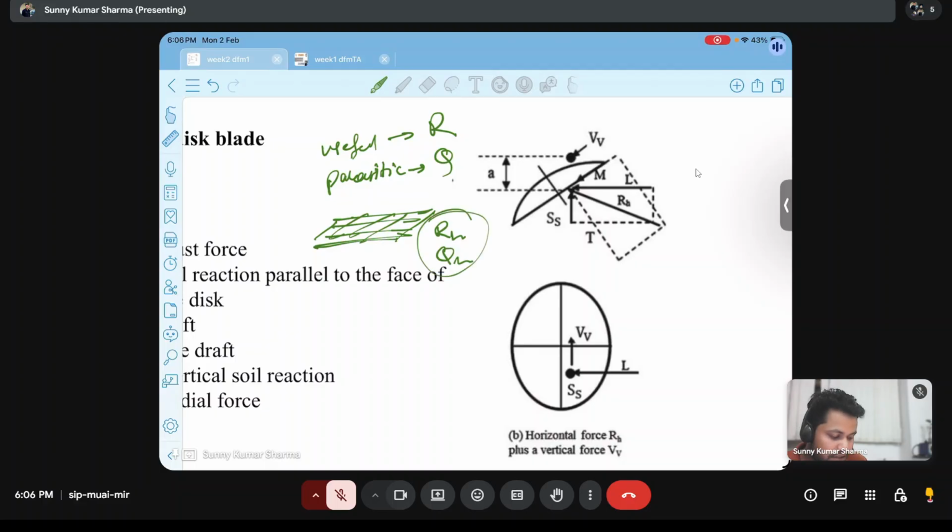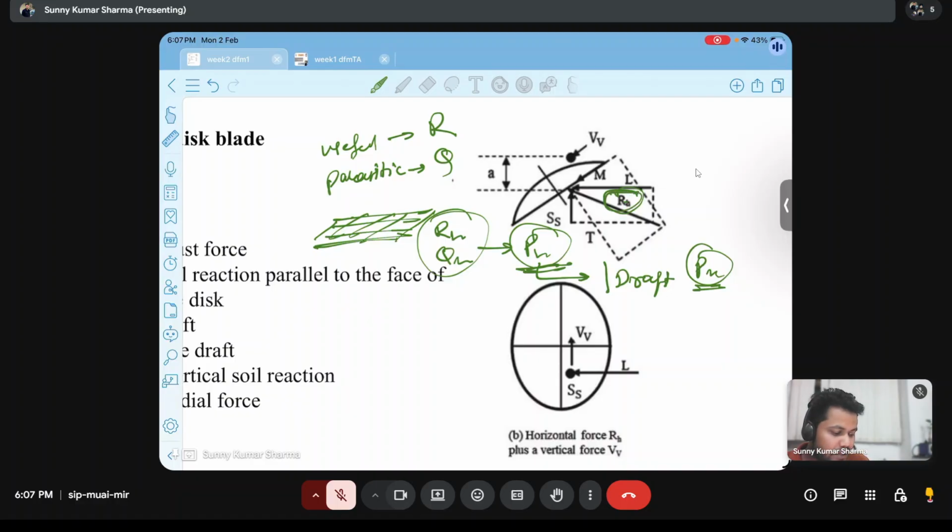The resultant of RH and QH is PH, that is pull. The component of PH in the direction of line of motion is draft, which we denote as PX. So RH is the horizontal component of the useful force.